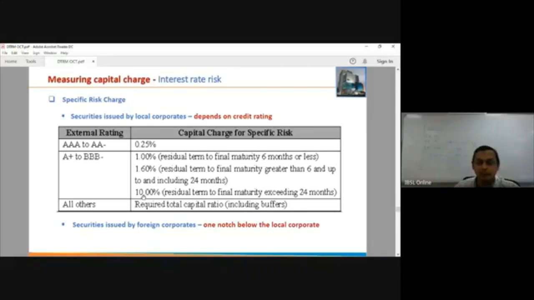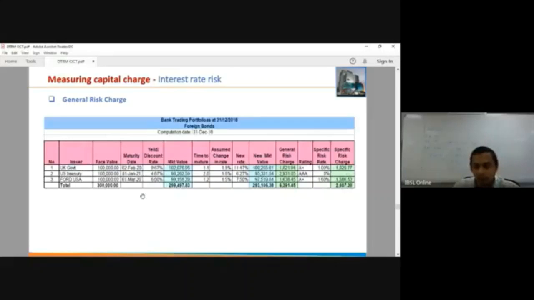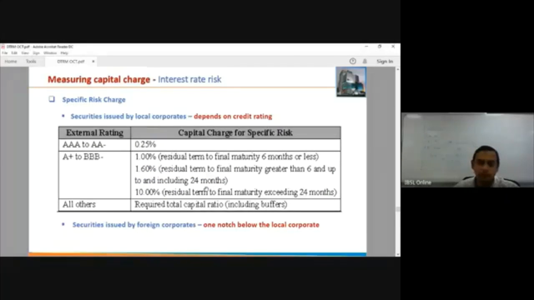So that is 10%. You need to apply 10%. So now can you tell me, for this Ford company, they have a rating of A plus and their time to maturity is 1.2 years. What should be the rate?